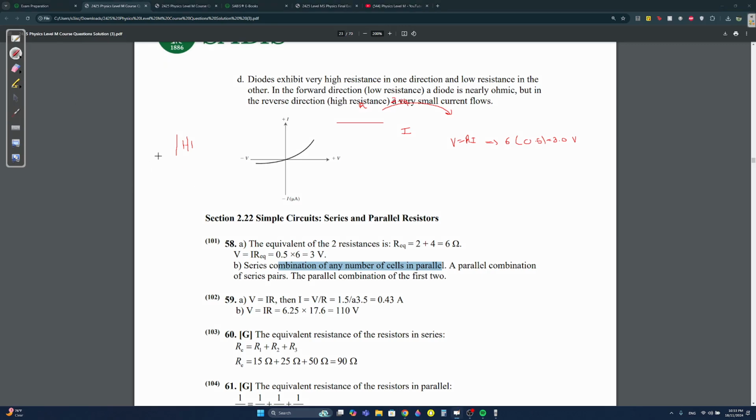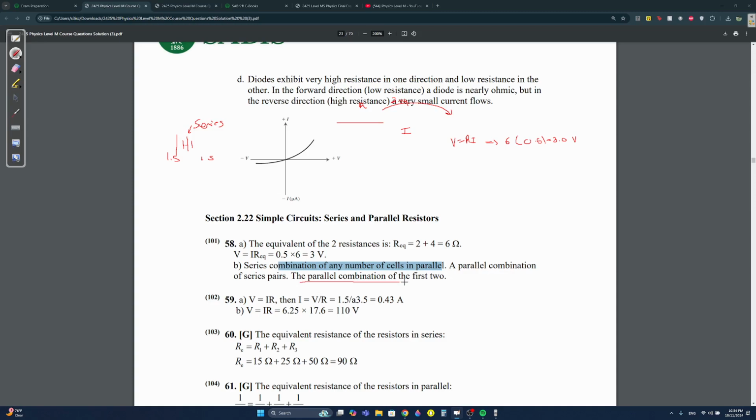Series combination is the one I drew here. Remember, if you had 1.5, 1.5, a parallel combination of series pairs is pretty much the same thing. It's literally what I just said, but you just swap the words.